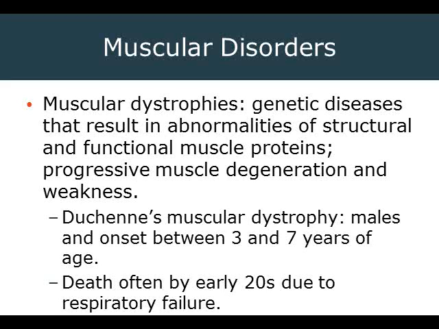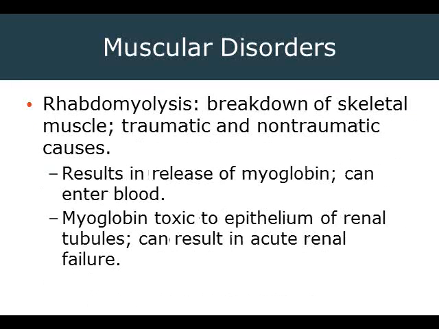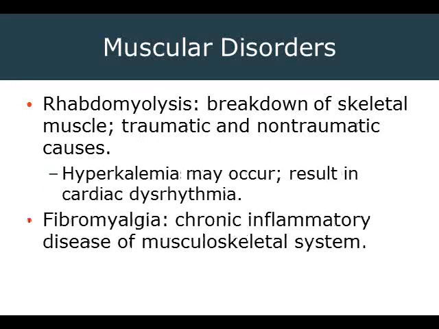It can also be caused by sepsis, seizures, severe trauma, crush disease. Hyperkalemia can occur because as we're breaking stuff down, we're also discharging potassium into the system. That can cause cardiac dysrhythmias.